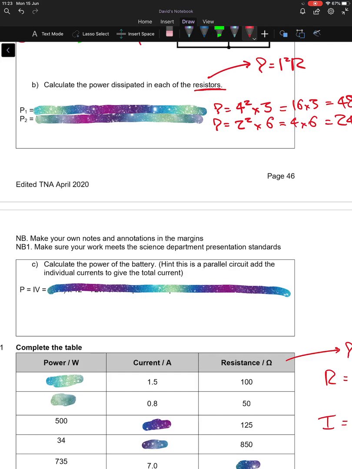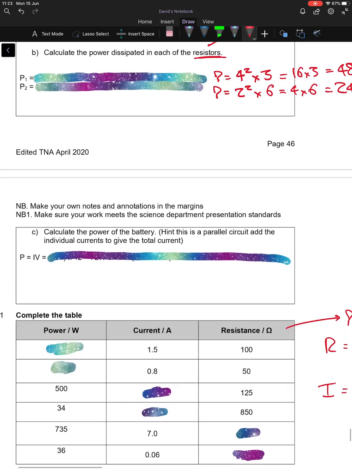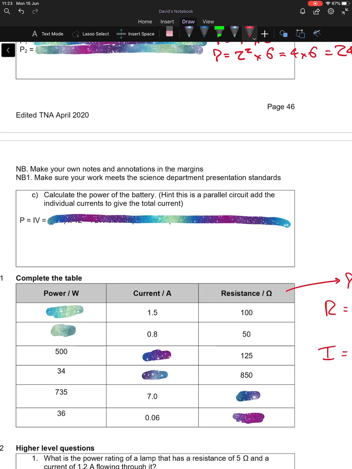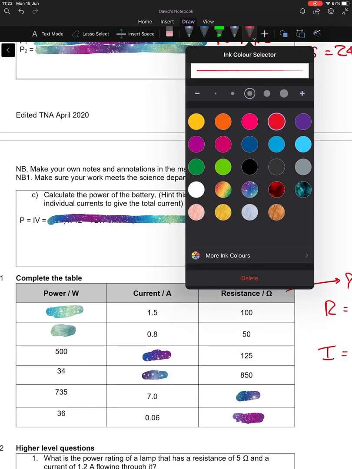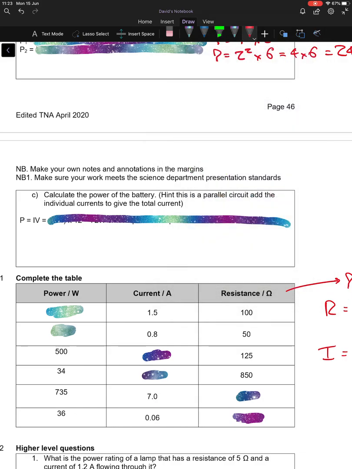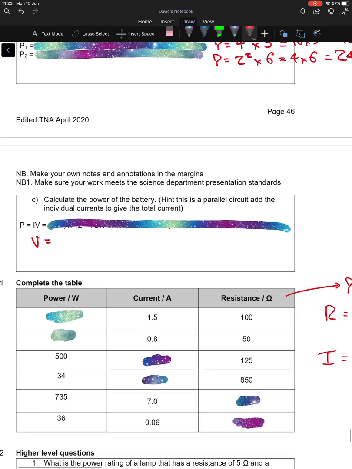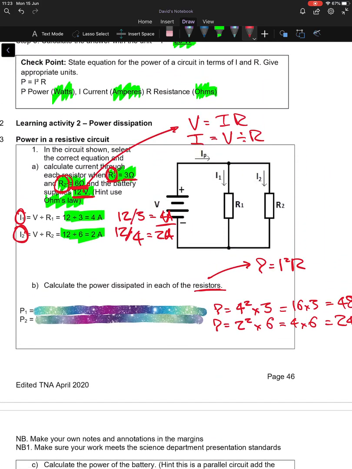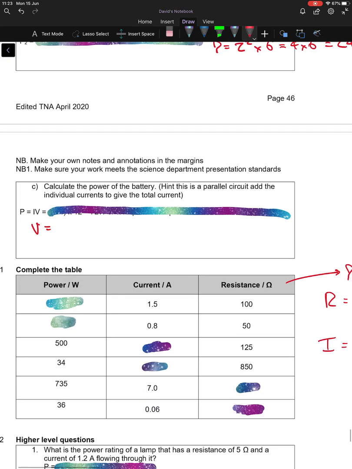Good. Now let's just have a look at the second question here. Calculate the power of the battery. This is the parallel circuit and the individual currents add up to the total current. P equals VI. So, our voltage, same one, same circuit, it's always going to be 12.